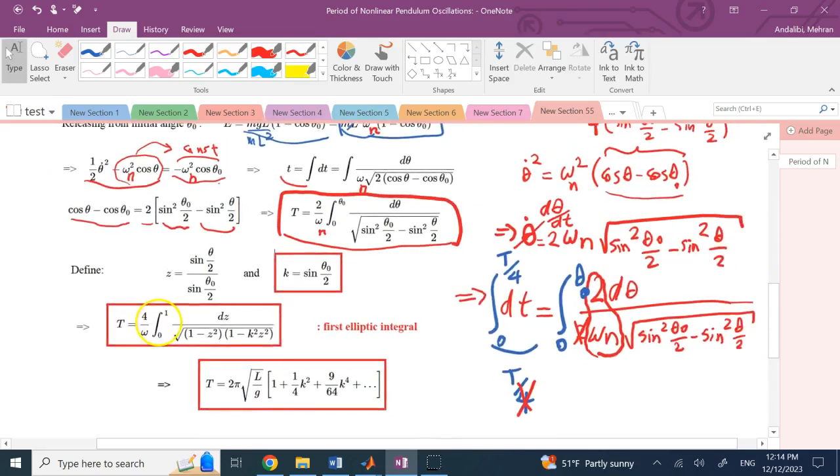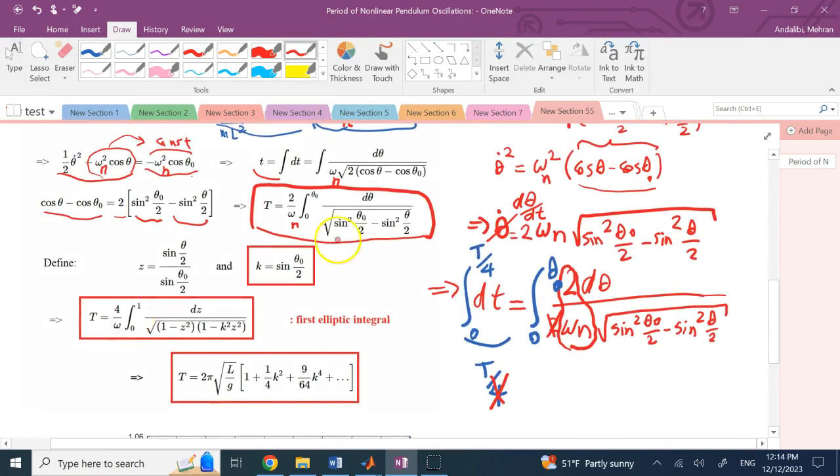Another way to relate it to what you might know from math is, here we define the sine of theta naught over 2 as constant k.